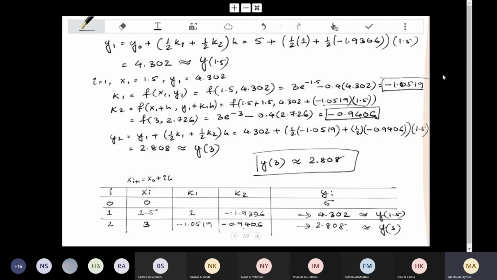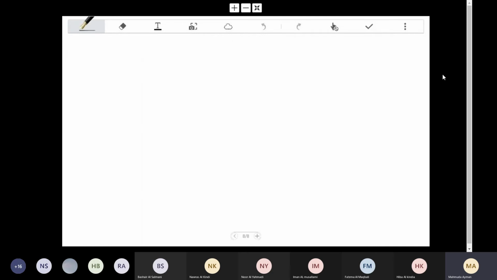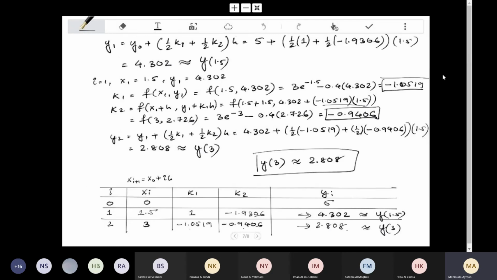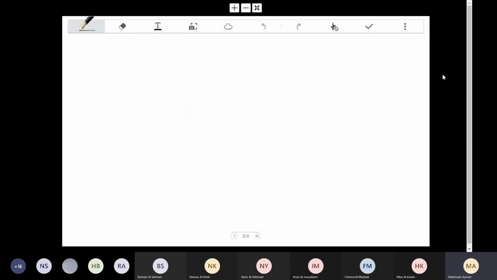So now we'll go ahead and solve an example. Before we solve an example for the midpoint method, maybe I'll give you the values. Already in Euler's method, I showed you that we had the exact value of the same function there at y of 3, which was 2.763.